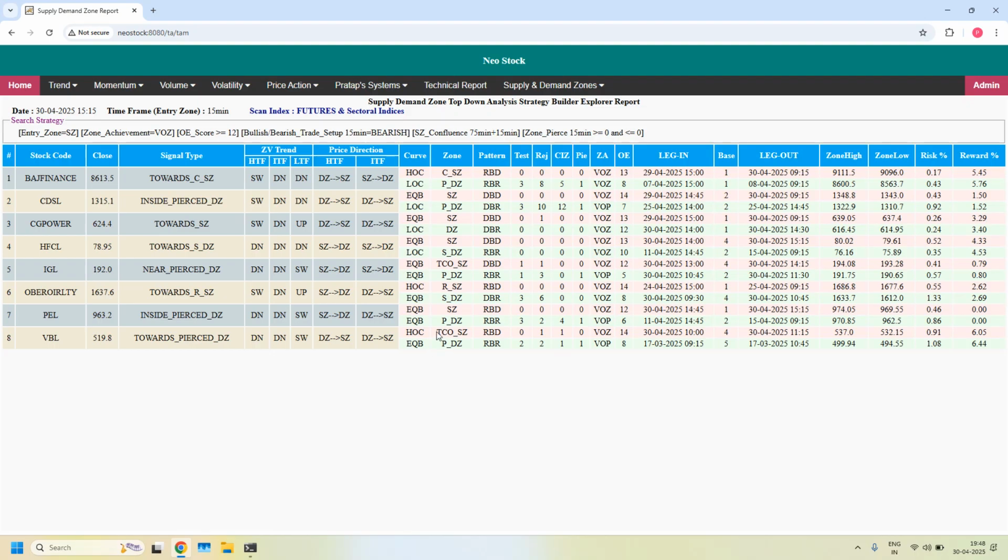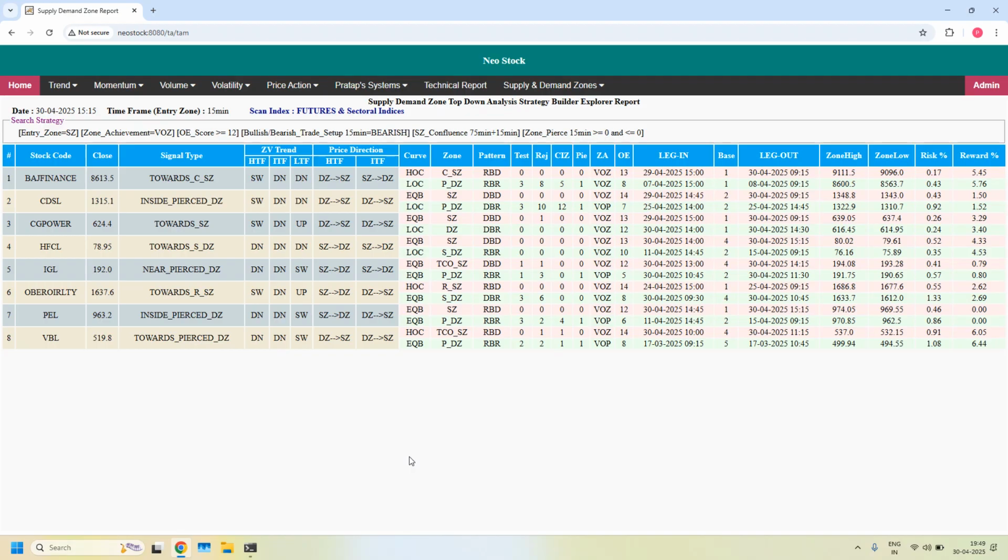That means all these 15 minute supply zones are overlapped with 75 minute supply zones. And 75 minutes trend is down in all the stocks, ITF trend.